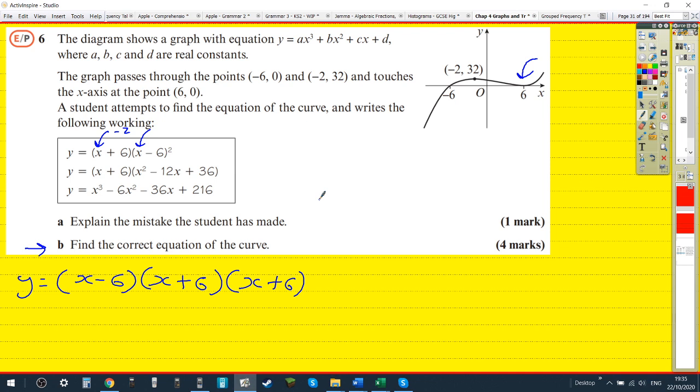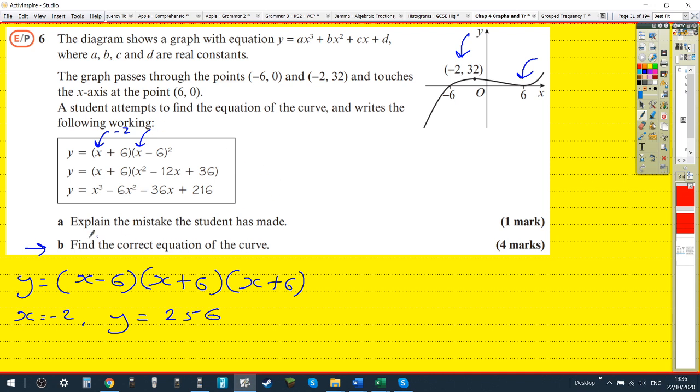Yep. Minus 256. I think it's plus 256. Minus 8 times minus 8, sorry, yeah, plus 256. What did they get when x was minus 2? In this coordinate? 32. So when x is minus 2, they got 32.